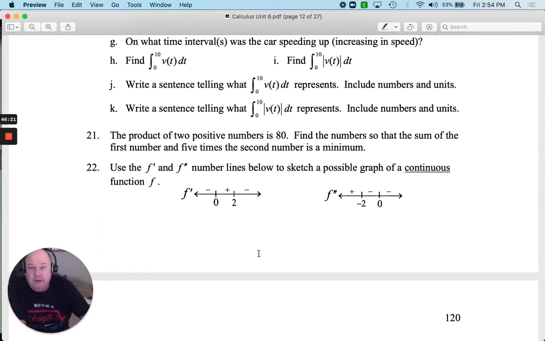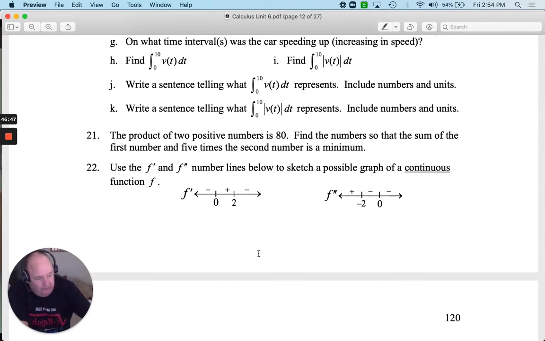21, the product of two positive numbers is 80. So I'm going to let x equal the first positive number, and y the second positive number. The primary equation is what I'm looking for: find the numbers so that the sum of the first and 5 times the second is a minimum.